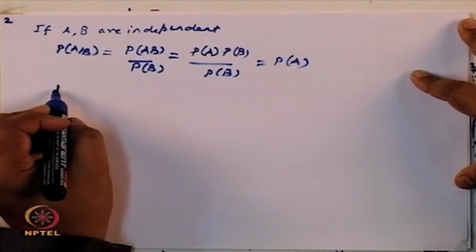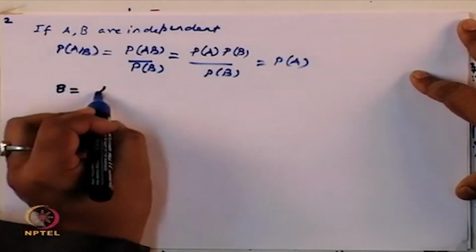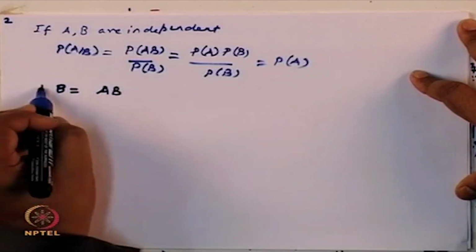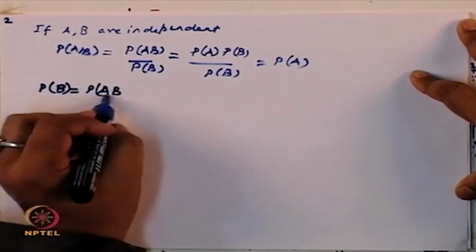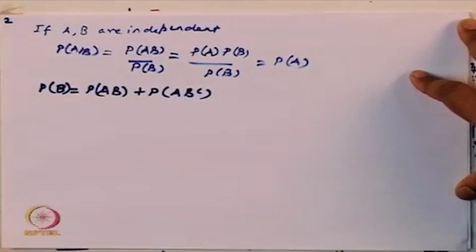Okay. So, let us say A and B are independent. I can write B is equal to A B union A complement B. So, probability of B is equal to probability of A B plus probability of A complement B, right.